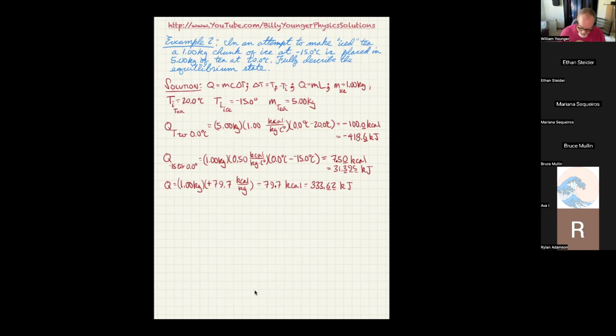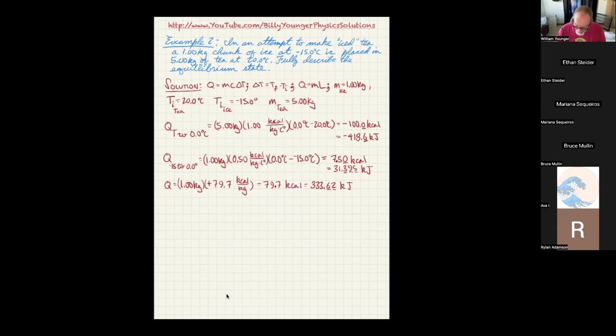Makes sense? All right, so notice the top number was negative and the bottom numbers are positive. In order for this to take place, what we want to find out is that top number, that 418.6 kilojoules, that's how much heat is going to have to be removed to bring the T down to 0 degrees Celsius.